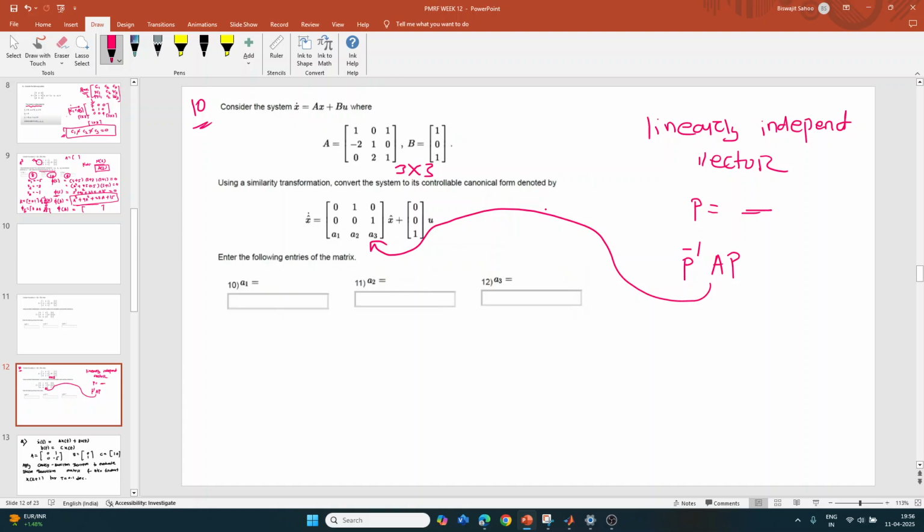So for this 101, you first have to find the eigenvalues of this matrix A. That is the first step.